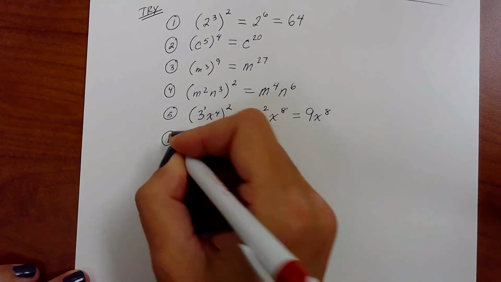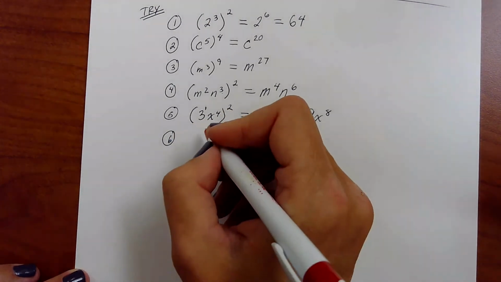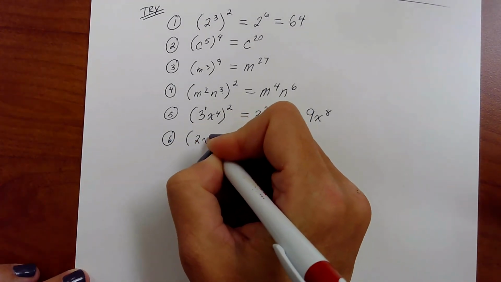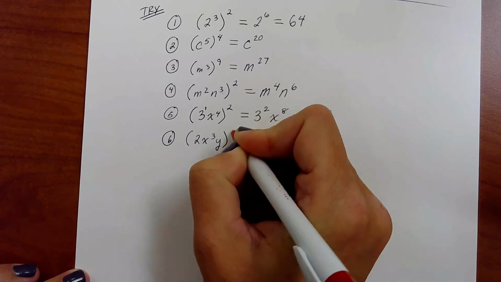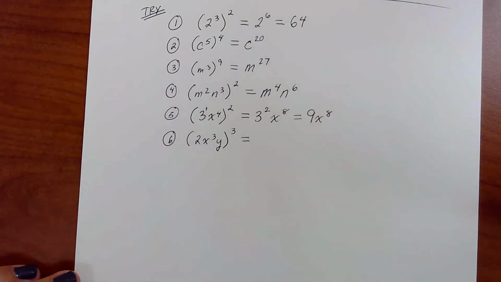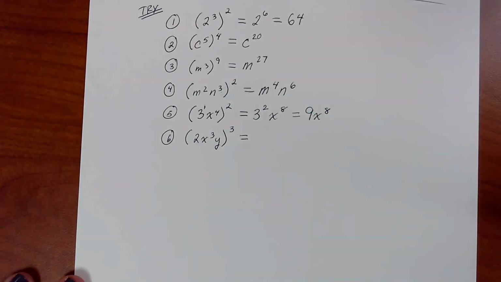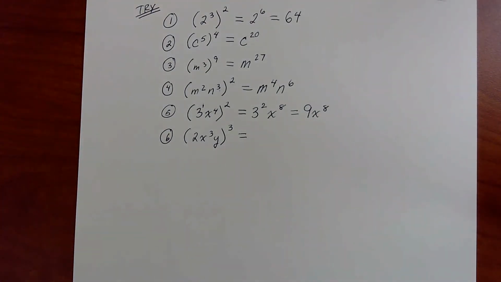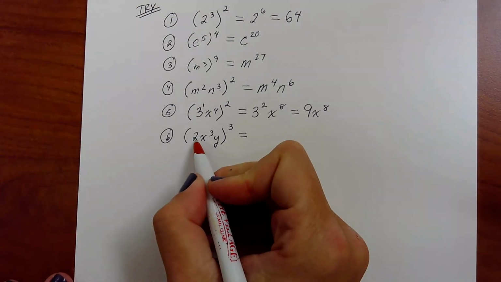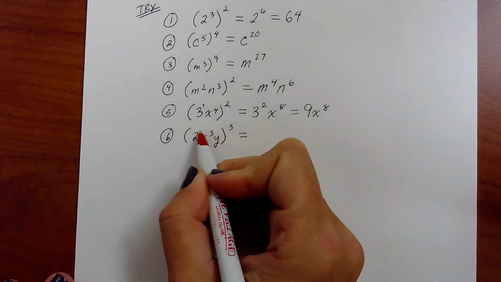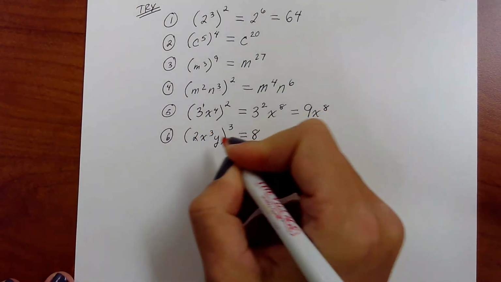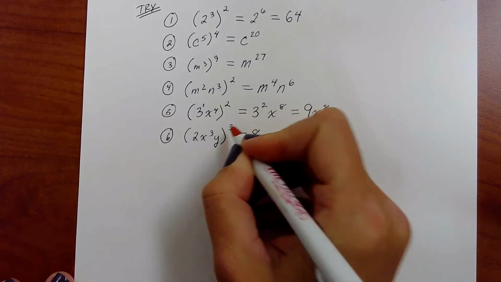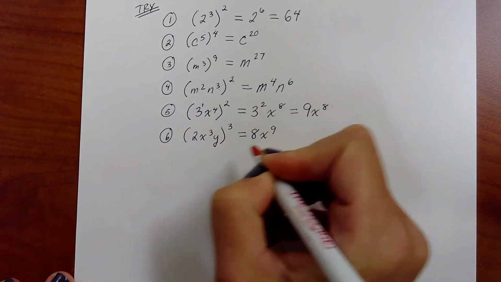Woo. Try another one like that. Try 2x to the third y, all raised to the third power. Okay, so this is 2 to the third power, that's 8. X to the third raised to the third is x to the 9th.